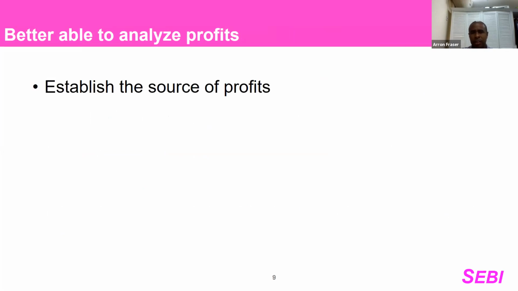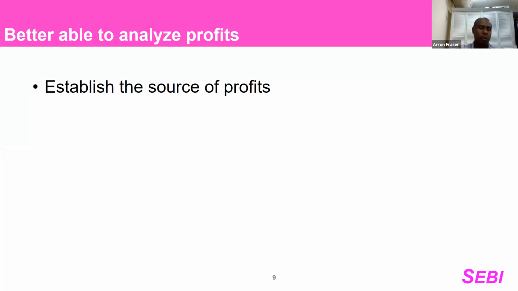It helps you establish the source of profits. So in large companies who have the necessary system structure in place, you may be selling thousands of items, and what ratios allow you to do, once you have the system to capture that information, is to even run them by products, and you can see those which are more profitable than others.